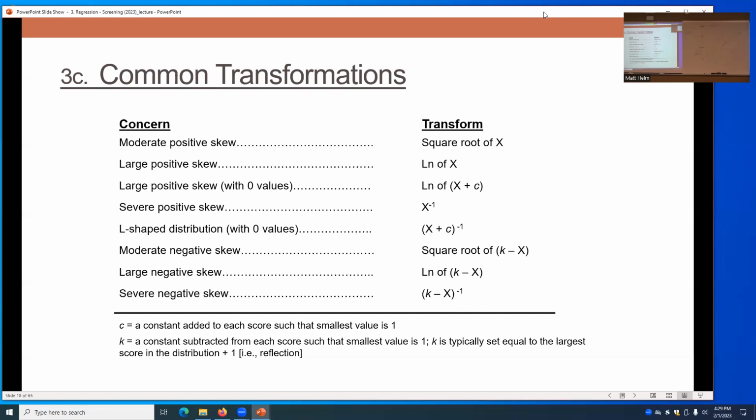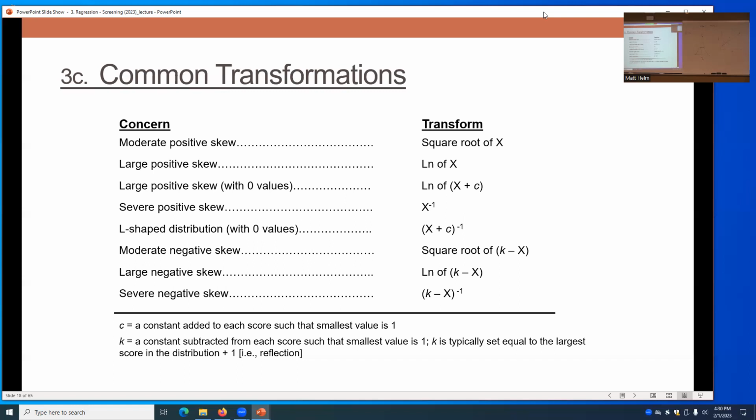We've got a moderate negative skew, okay? Everything we've been doing in terms of skew assumes you've got a positive skew. If you've got a negative skew, we need to reflect this set so that big is small and small is big. If I have a negative skew and I try to log transform it, it's going to make my distribution worse. So what I first need to do is take the square root of some constant K minus the actual value.